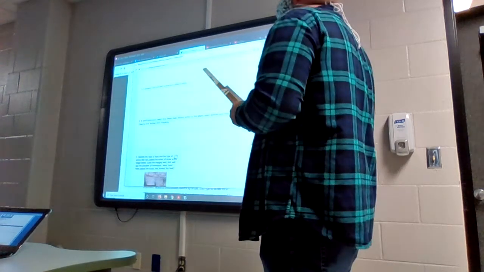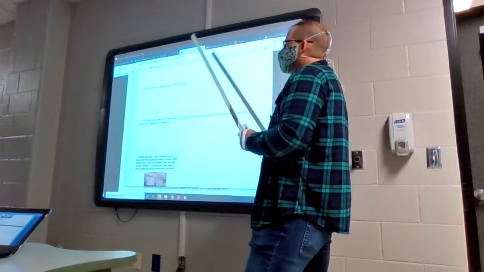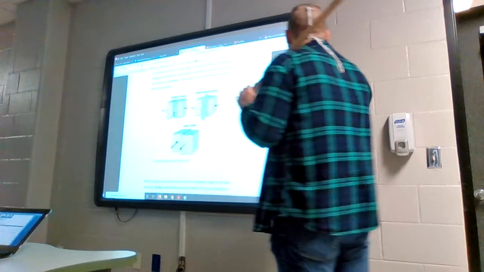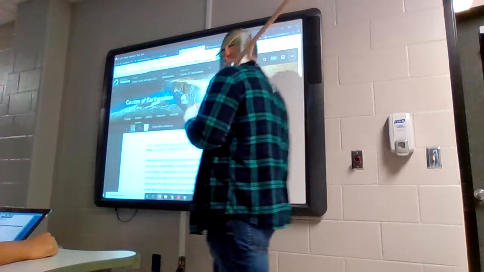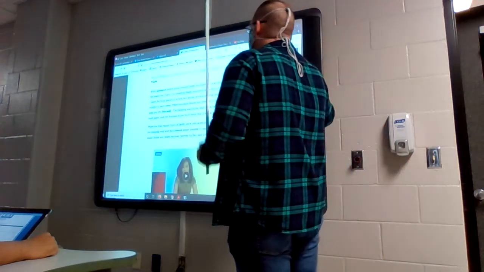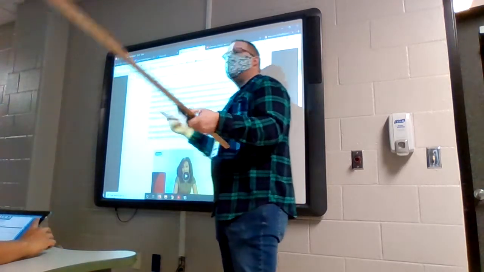Number 3, compare and contrast normal and reverse faults. So if you go back to page number 2, I believe, to what we're talking about here. Yes, talk about faults on page number 2. The way we talk about faults is the hanging wall and the footwall. We kind of went over this before.